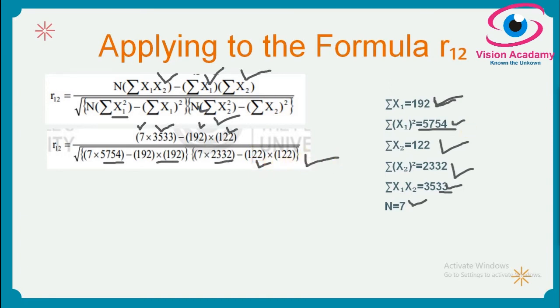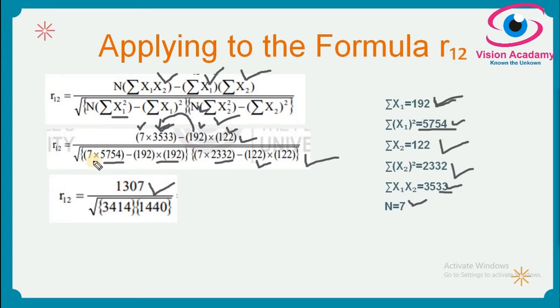Let us simplify this to obtain the next step. When we multiply 7 into summation x1 x2, 7 into 3533, thereafter we subtract the product of summation x1 and summation x2 from this value, so we got 1307.